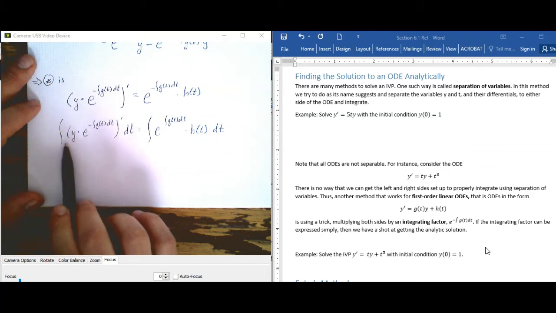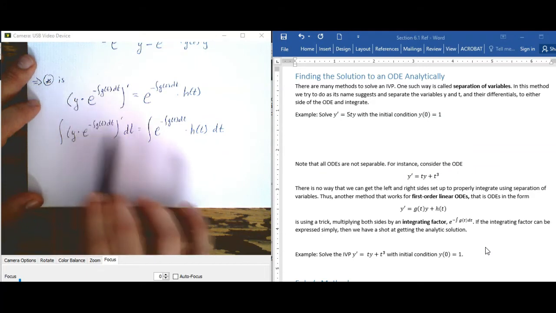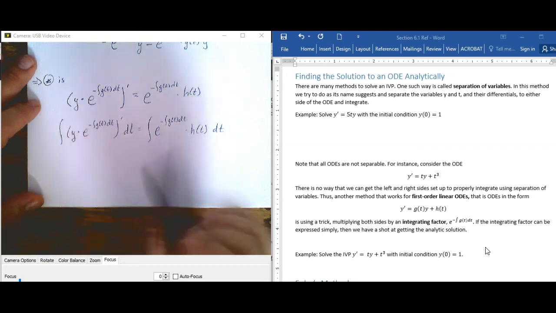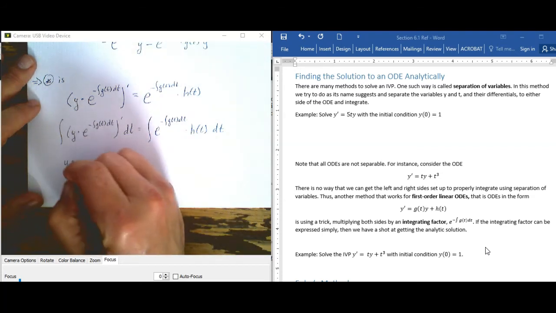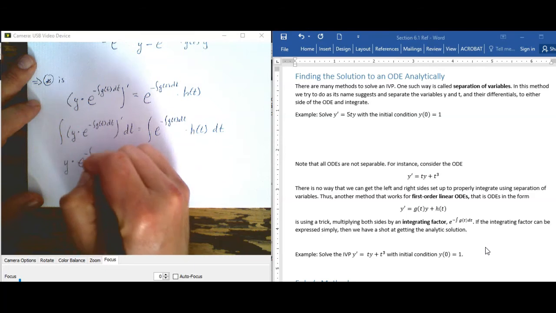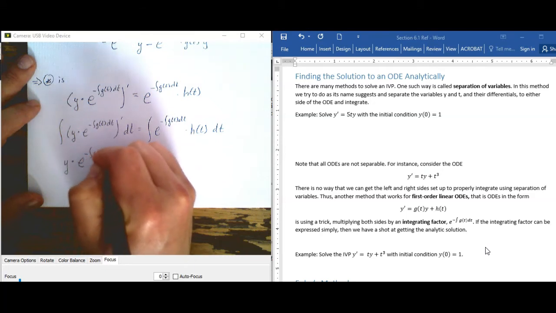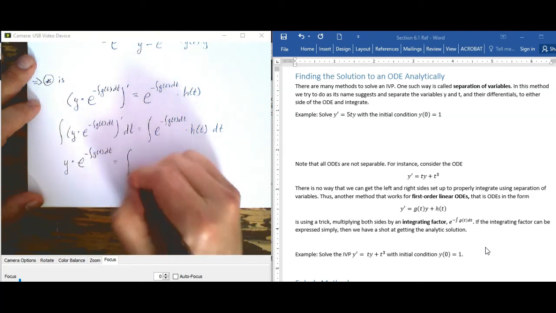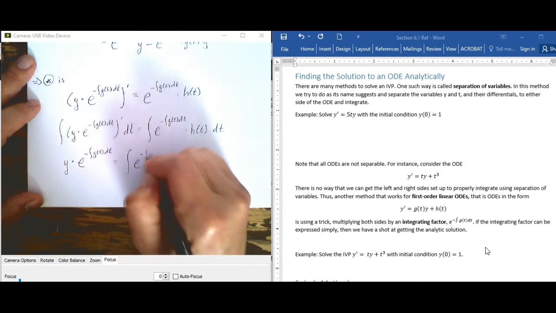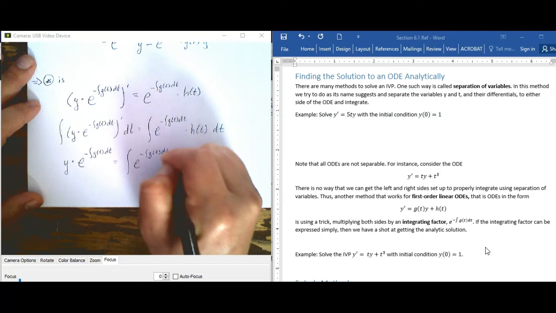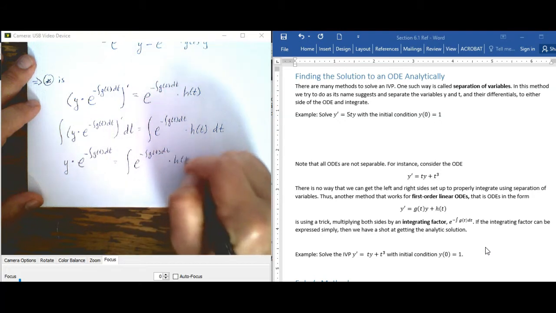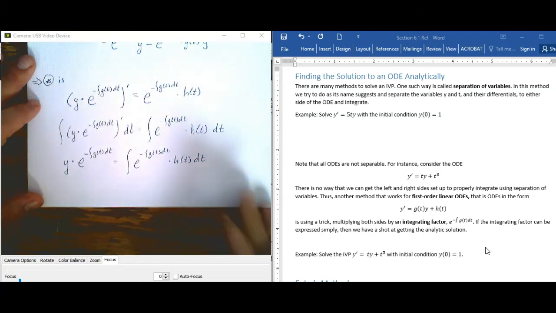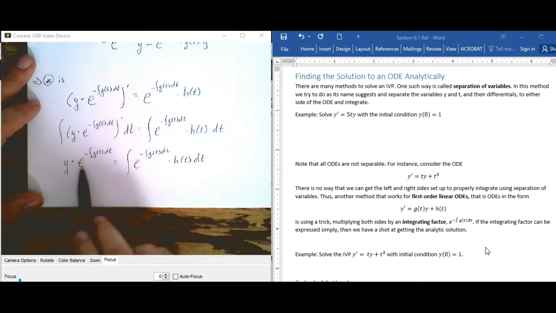So here we have the integral of some derivative with respect to t. So the fundamental theorem says we just get this guy here. So y times e to the negative integral of g of t dt equals this side. Finally, if we divide off this term, we get our solution, our y.